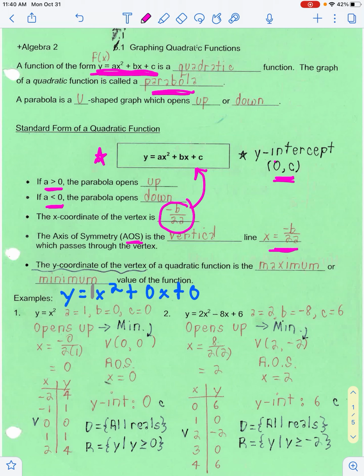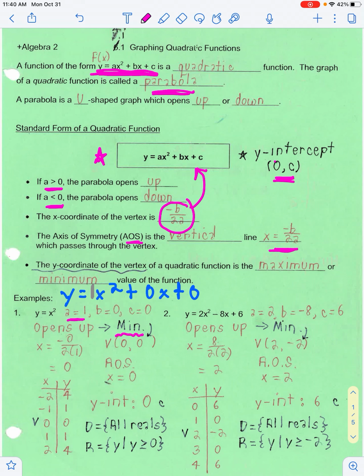So as we identify the values of a, b, and c, a would be 1, b would be 0, and c would be 0. The first thing I need to recognize, if a is 1, it's positive, and my parabola is going to open up. And if a parabola opens up, if you think about it, the vertex is a low point on the graph, so we have what's called a minimum.